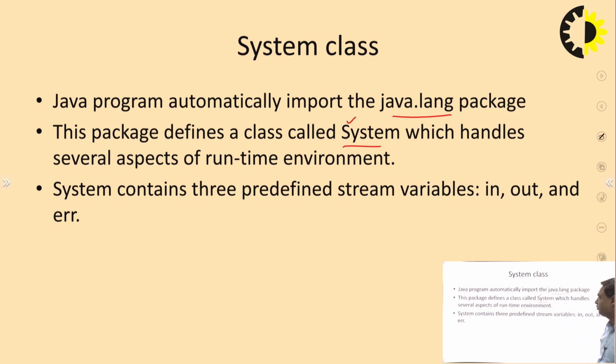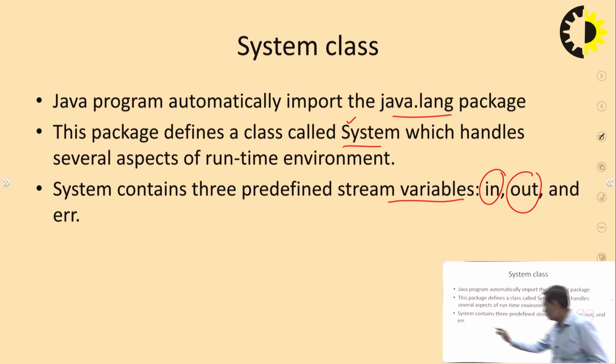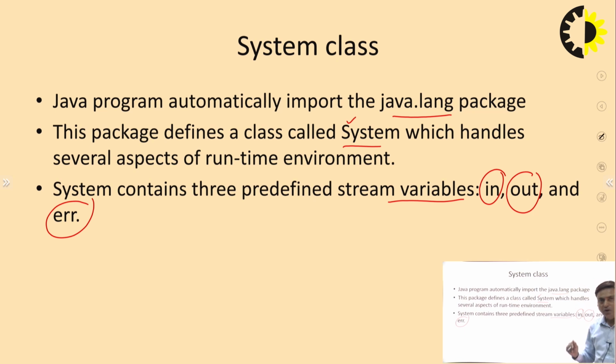It handles several aspects of the runtime environment. The System class has some stream variables, or you can say stream objects: one is in, second is out, and third is err. System.in is used to handle the input, System.out is used to handle the output, and System.err is used to handle errors. Basically, in most cases we will use in and out.